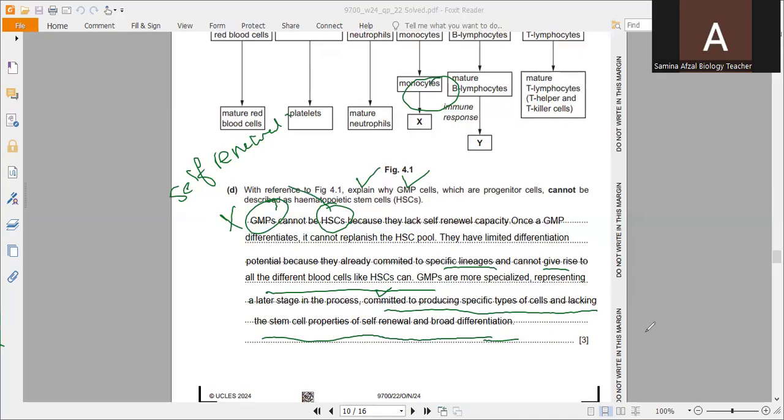So in this way, both are different. One of them has the ability to self-renew, and the other does not, but it has the ability to differentiate into specific types of cells. So they cannot be described as hematopoietic stem cells.